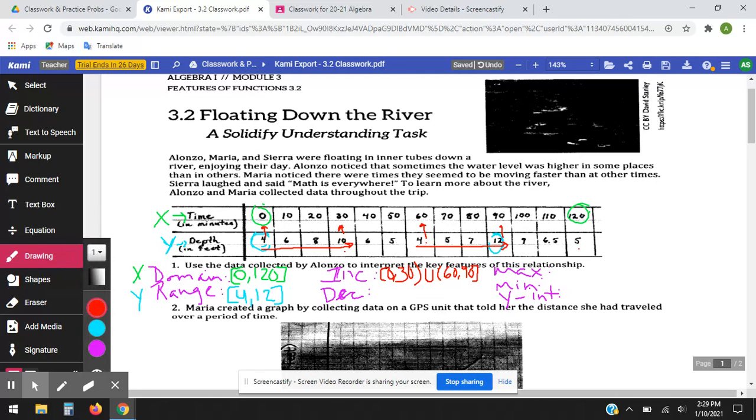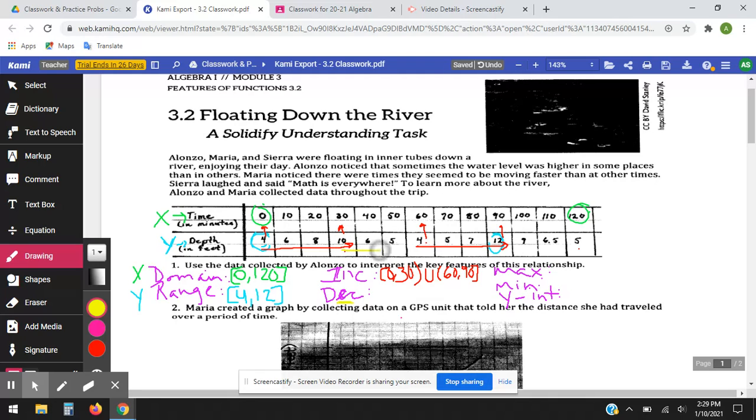Now, as far as decreasing goes, what color can we use here? Let's use our pink for this one. So for decreasing, we noticed at 10 is where we were starting to go down. Those look really alike. Let's pick a different color. Let's do yellow. Okay, erase that line. So with our yellow, let's do decreasing in yellow.